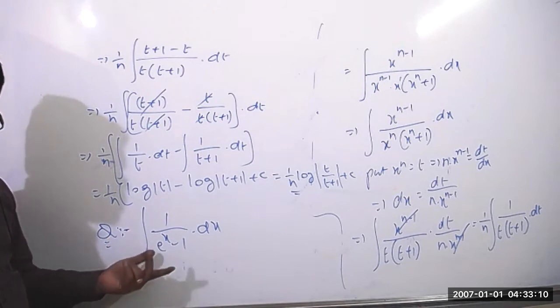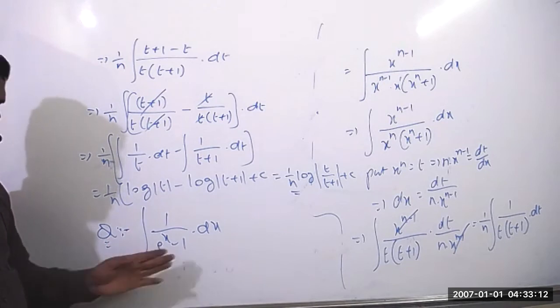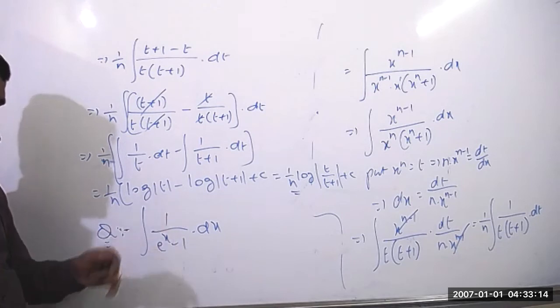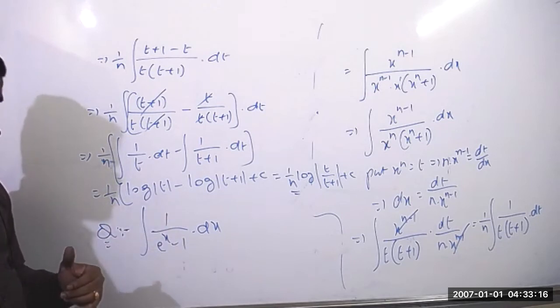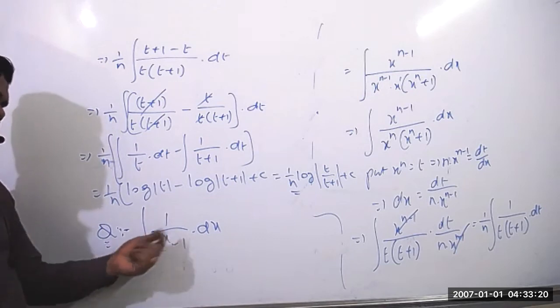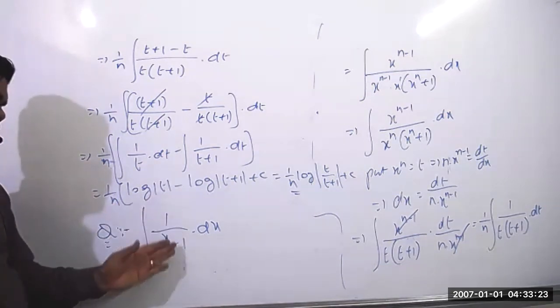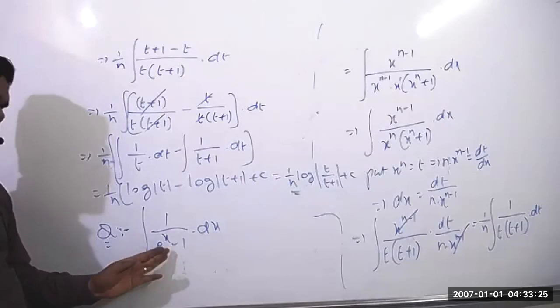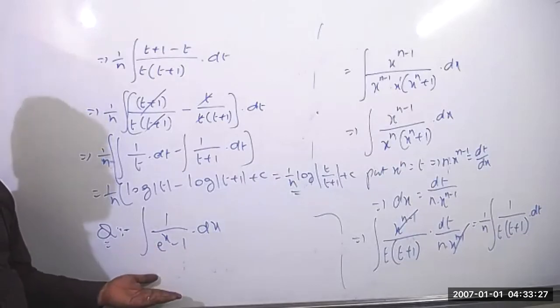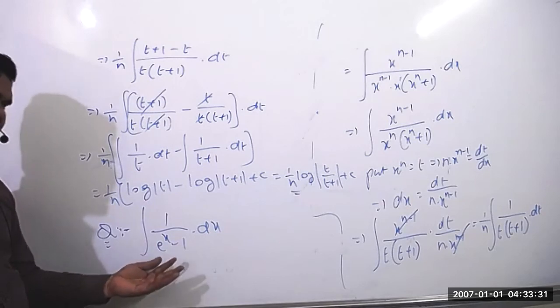We will get e power x in the numerator again. So what we have to do is take the whole thing as t, then directly we get the integration of 1 by t.